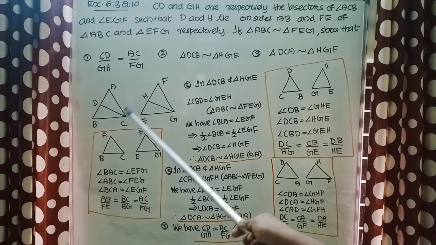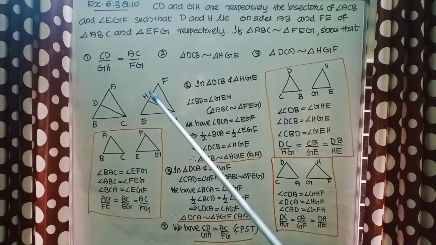Since BCA equal to EGF, the half portions are also equal. Therefore, half angle BCA equal to half angle EGF, that is angle DCA equal to angle HGF.